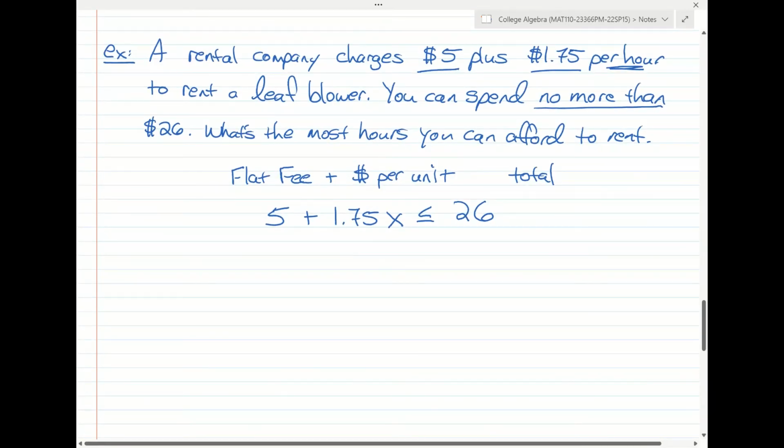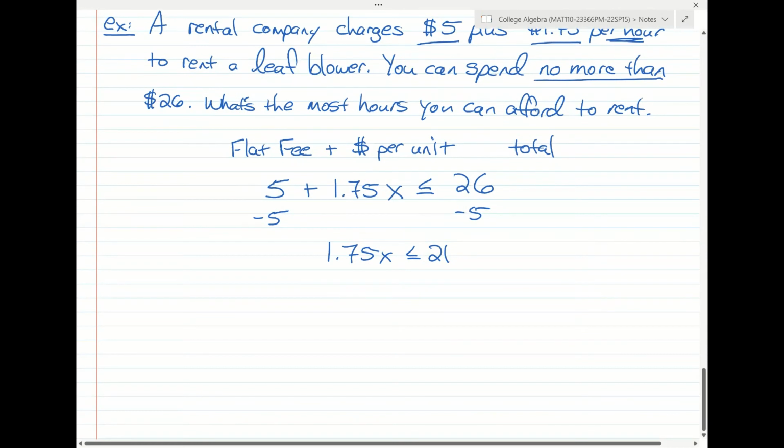Let's go ahead and solve this. By subtracting 5 on both sides, 0.75x is less than or equal to 21. And if we divide both sides by 1.75, we wind up with x is less than or equal to 12 hours, which means we could afford up to 12 hours.